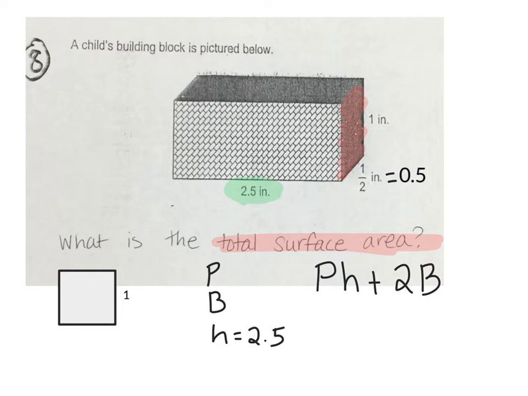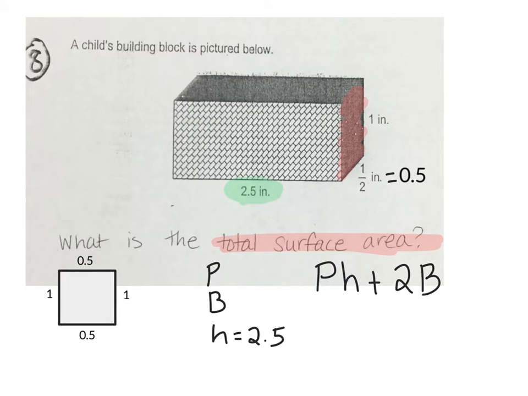And then I have 0.5 here. So we'll just kind of go all around 1. I know that goes here. And then 0.5 is the other last side of this rectangle.